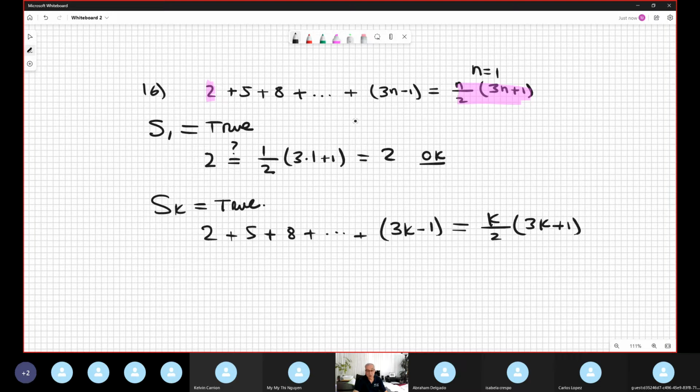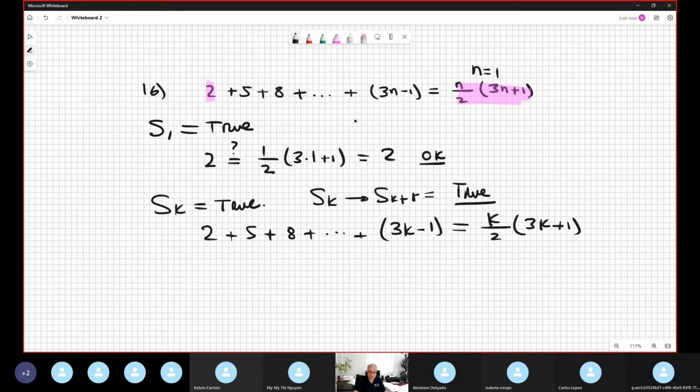You assume that this is true. So you will be able to prove that this being true implies that statement k plus 1 is true. This idea propagates for any k to infinity.